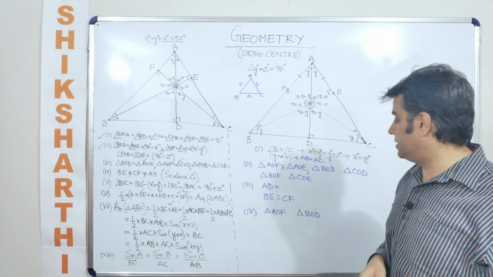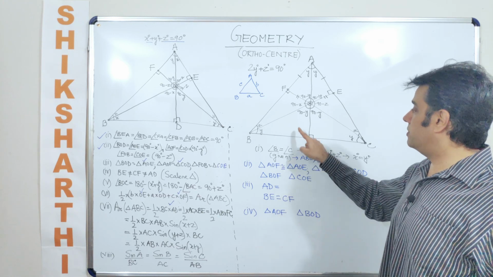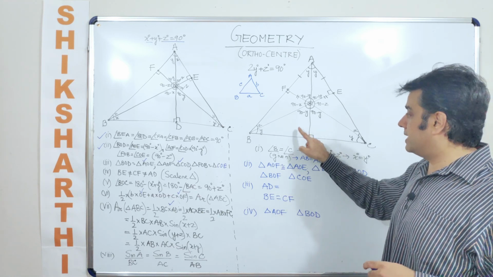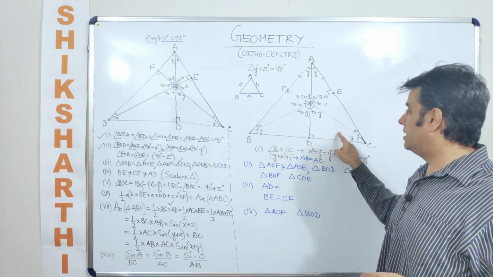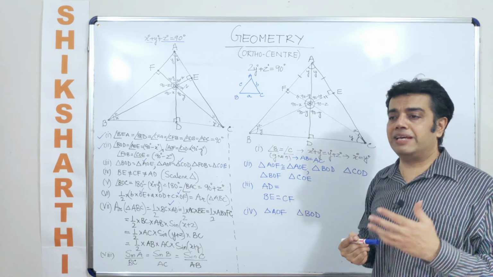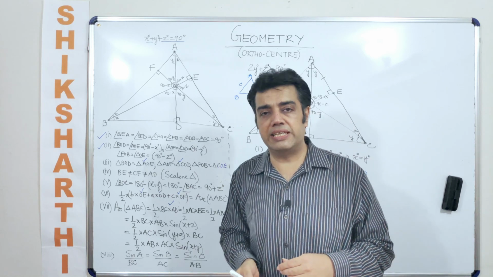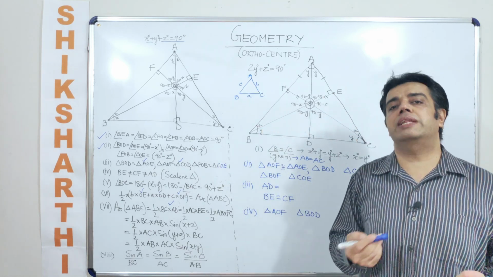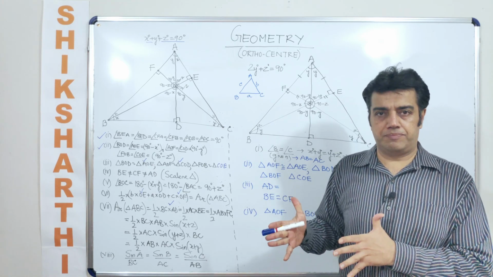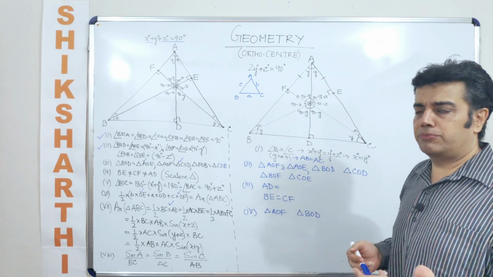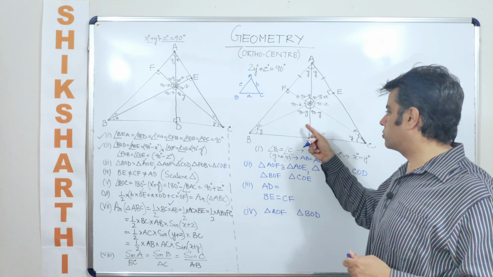Once you have established this, now it is the time for these two triangles. Can I say these two triangles are congruent? Yes, they have at least two angles equal and this is the common side. So you can apply any property of congruency, either SAS or ASA, or any other property, and prove that these two are congruent.